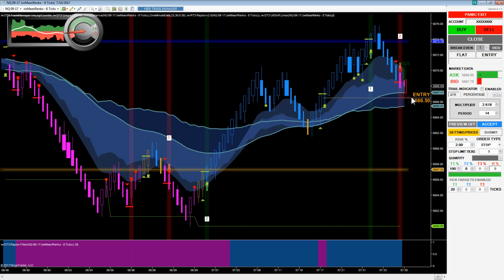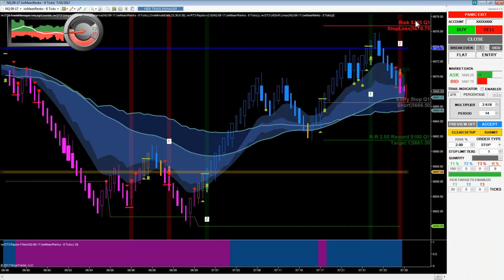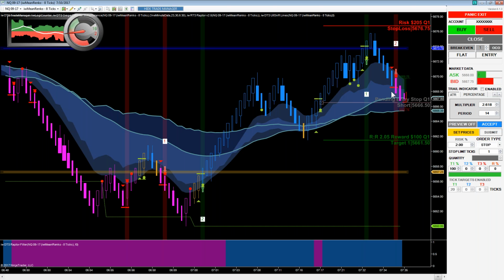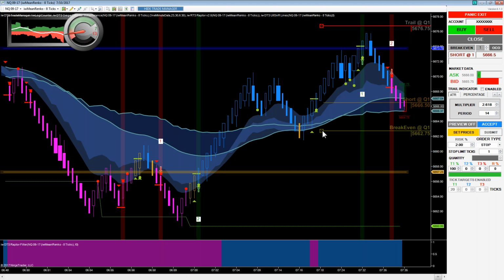So here we go. We've got a crossover signal. This is now the number 2 sell signal, and I have to try to run this one out only because I've dug a little bit of a hole for myself, and I need to try to see if the market will come back down here and retest the lows of the morning.